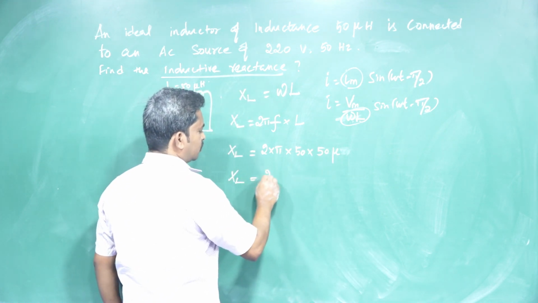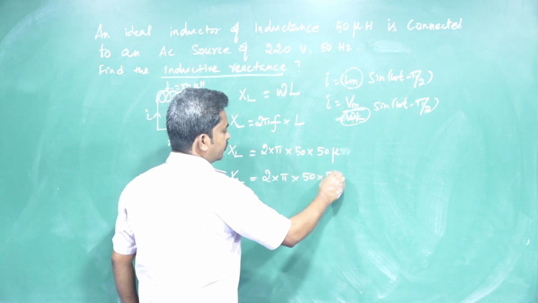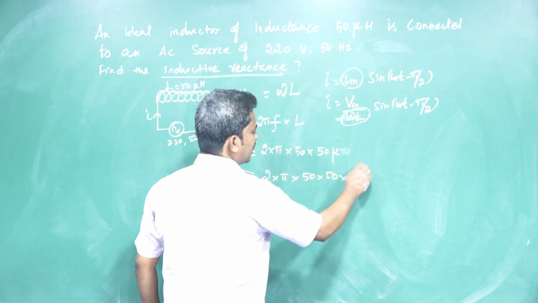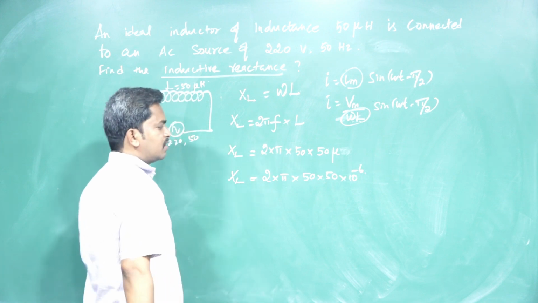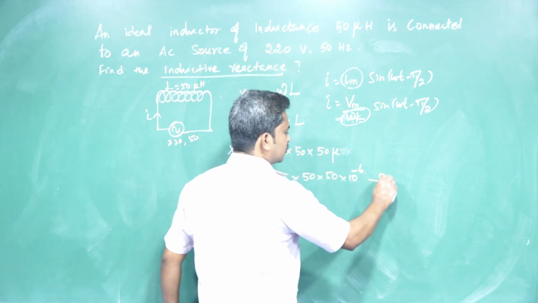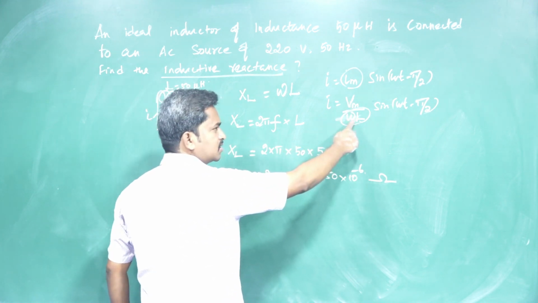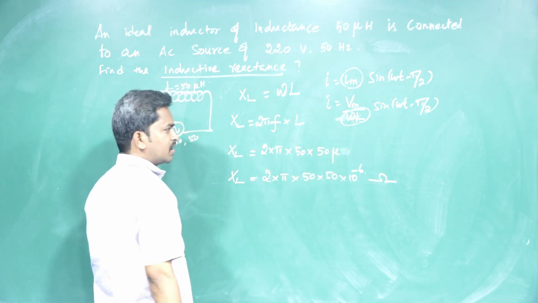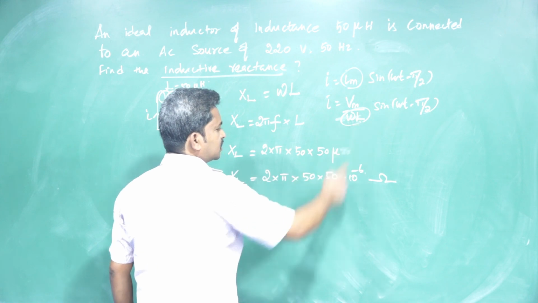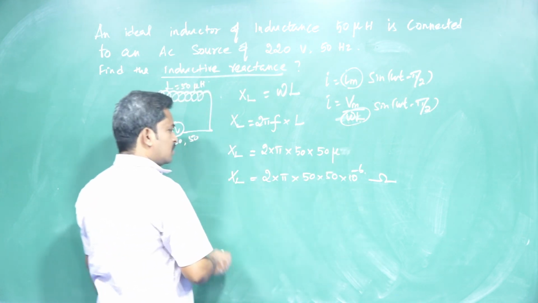So XL is equal to 2 into pi into 50 into 50 into 10 power minus 6. XL is a resistance, so the unit is ohm. Voltage divided by resistance is ampere, so omega L is almost equal to resistance. That's why we take ohm.